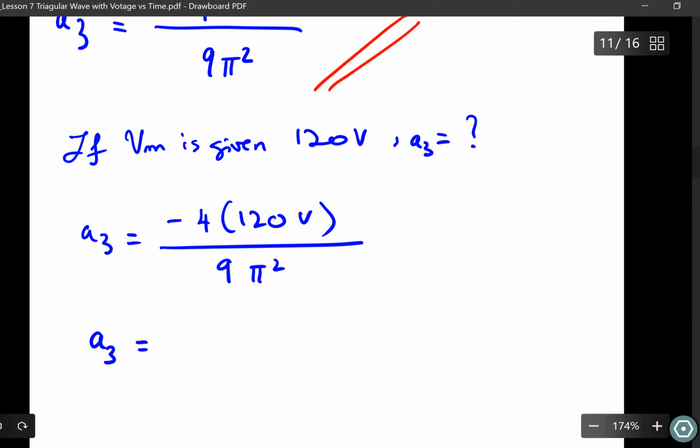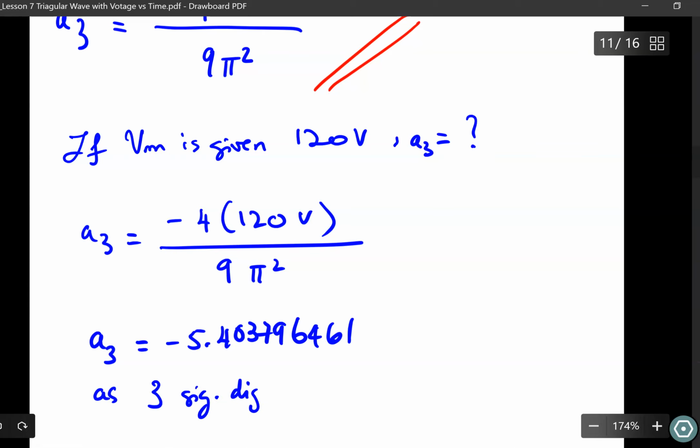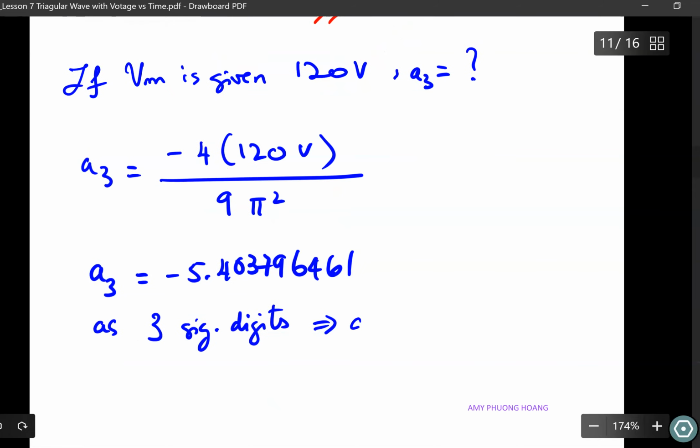A3 equal to negative 5.403796. Okay, as 3 significant digits, then I should have A3 as negative 5.40.